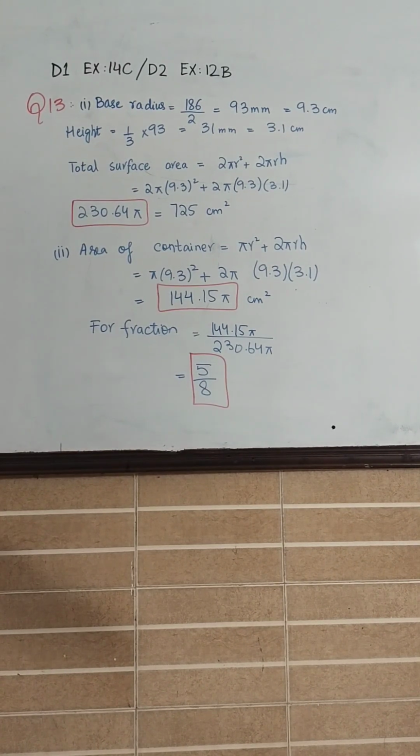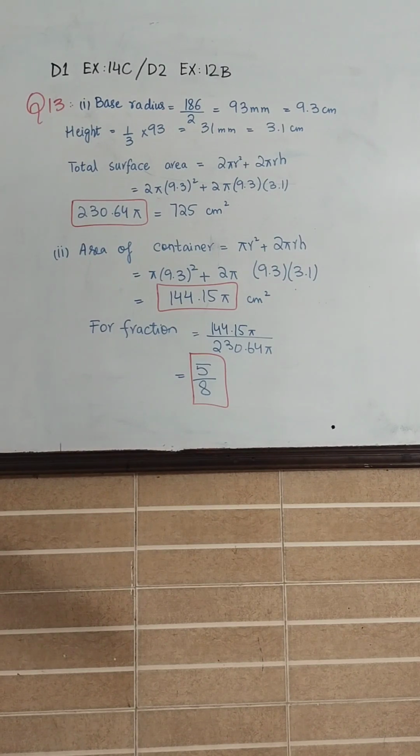This is our question number 13, and we wind up with our exercise 12A and 12B. Next we have to do the exercise again named 12A and 12B, which is in D2, your old version.